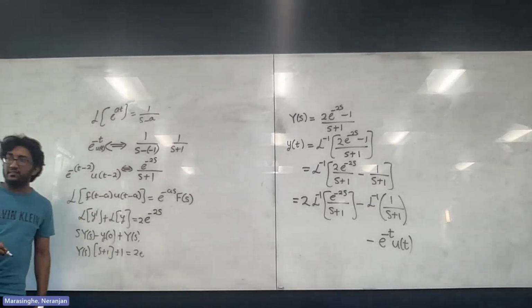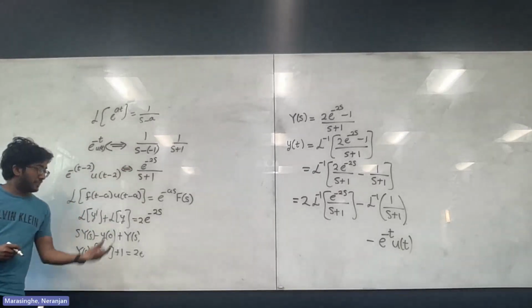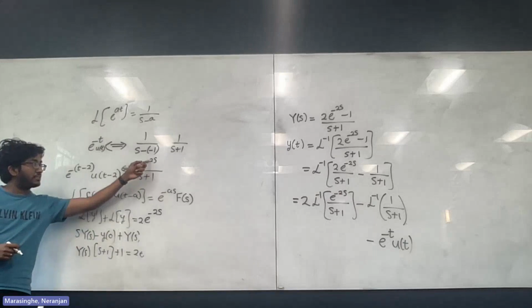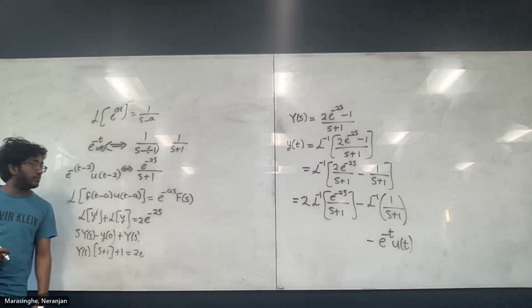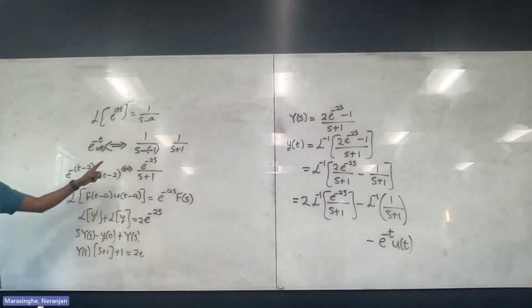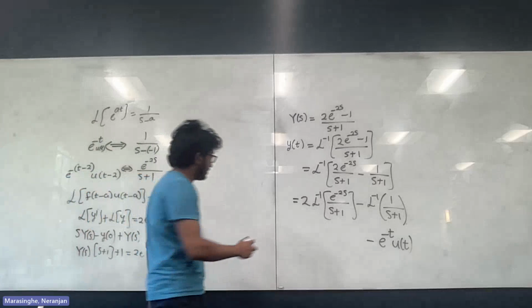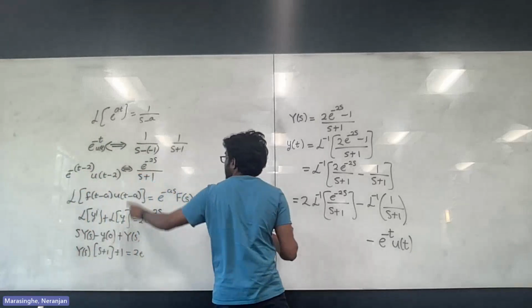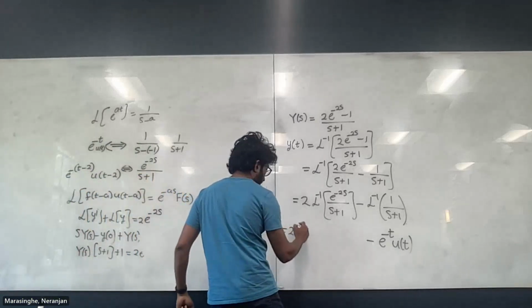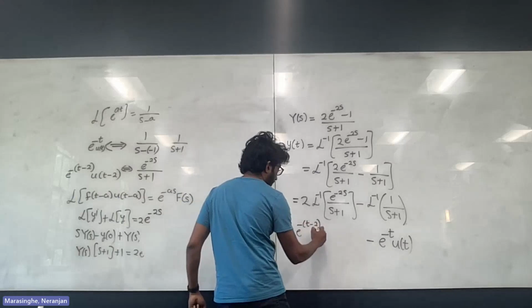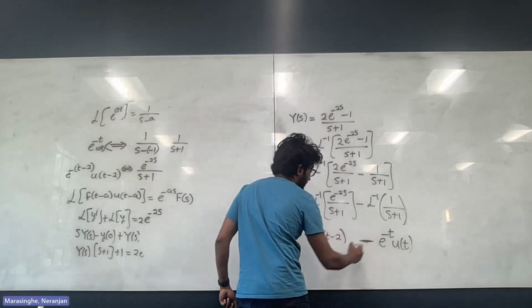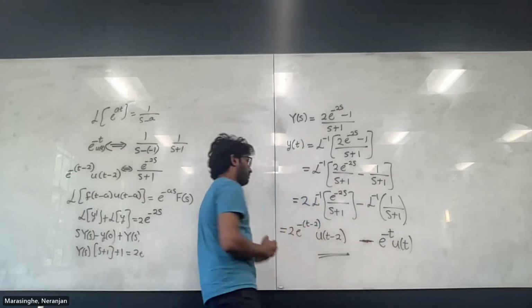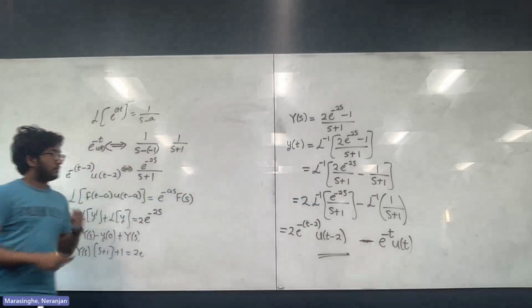Is it clear? You just need to find what's your a. My a is 2. Negative sign is there. So what is the inverse Laplace transform of this portion? That is 2 times e to the minus (t minus 2) u(t minus 2).